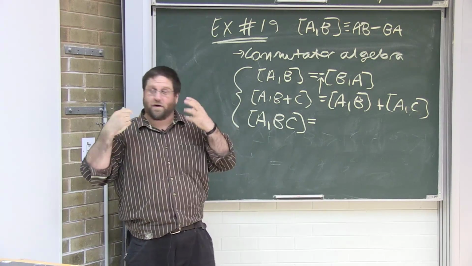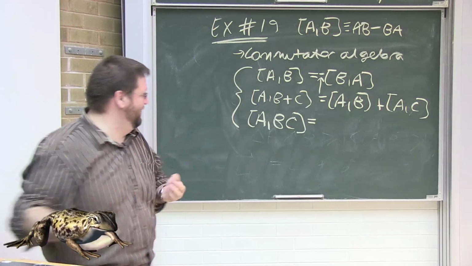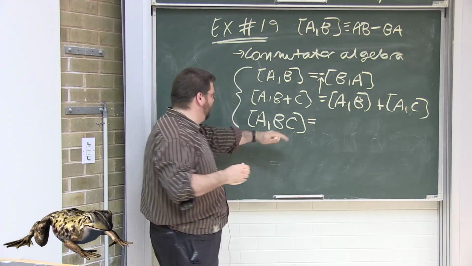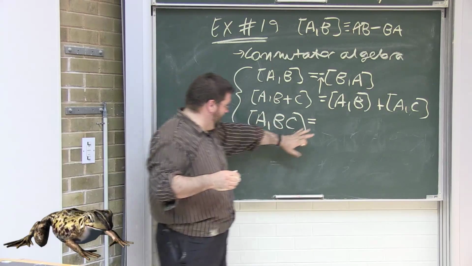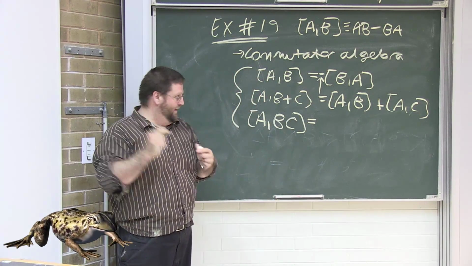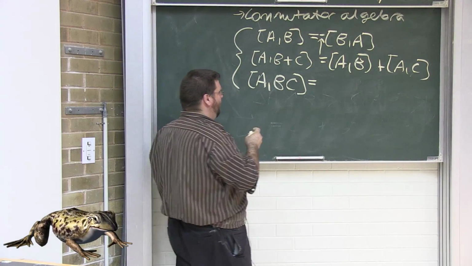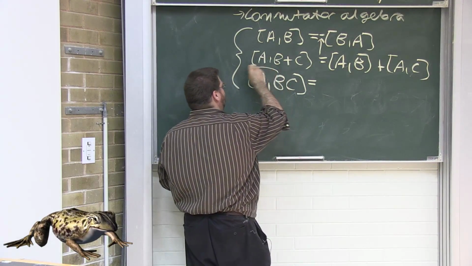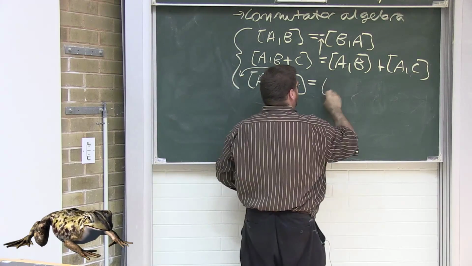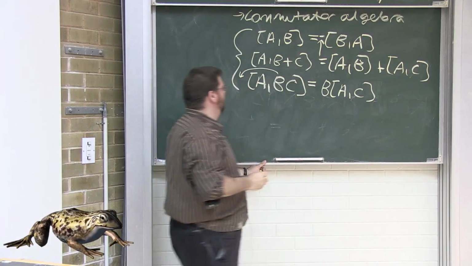I want to give you a mnemonic. As always, I try to work frogs into any quantum lecture I can. So you can derive the following result using this definition, but you can remember it like this by thinking of frogs. So we think of this B and C as a frog, and the B frog could hop to the left. And if the B frog hops to the left, you get this.